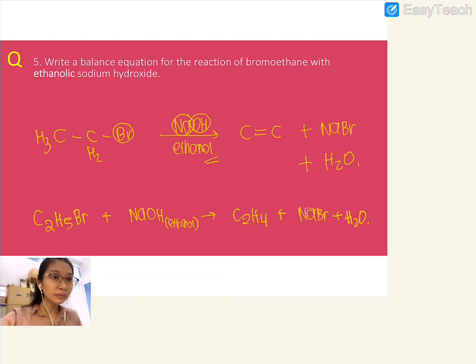Okay, and I think it's already balanced, right? The carbon is 2, the hydrogen is 5 and 1 here, so 6. So here 4 and 2 is 6 also. The oxygen is 1 and the Br is 1. Okay.